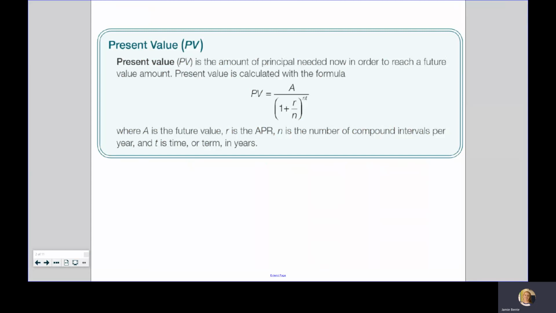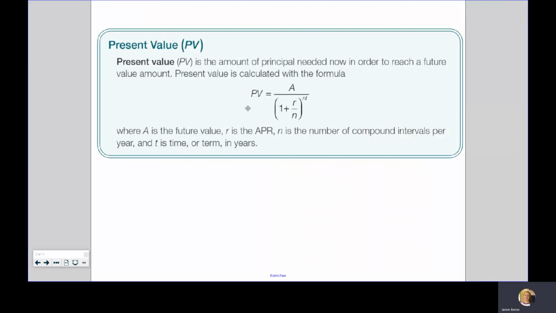So suppose that we have some particular monetary goal that we would like to save for. Maybe we want to save $5,000 to put a down payment on a car. We can take and rearrange the interest formula that we learned in the last section and get out this formula here, which is for the present value.